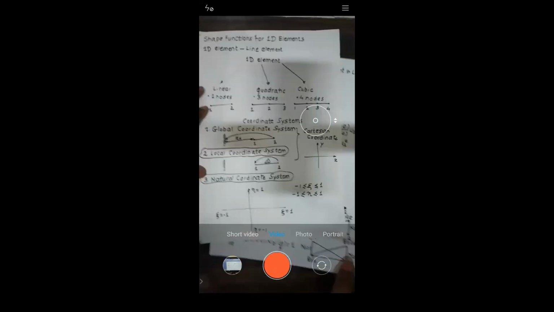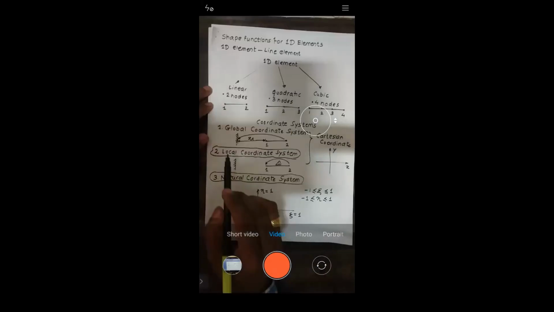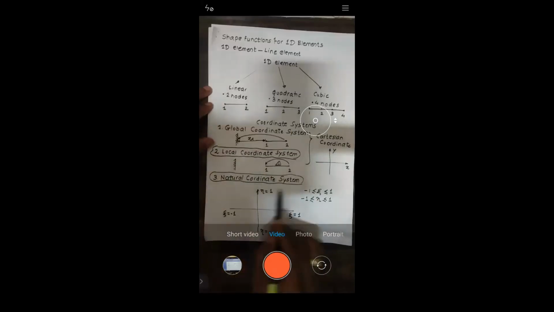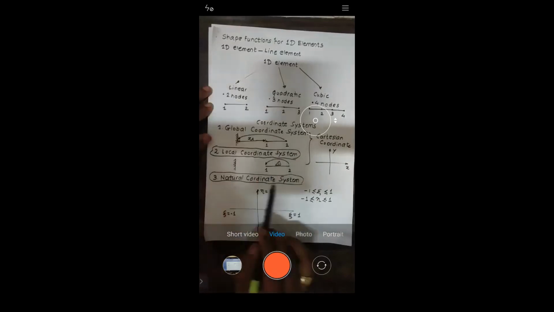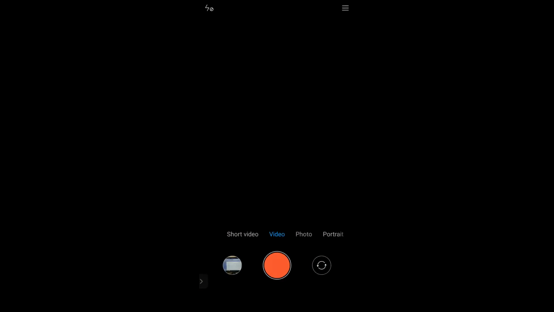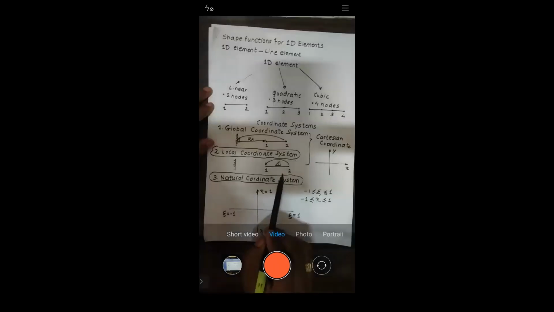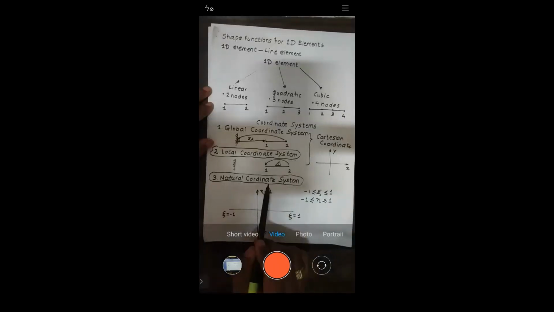Have you understood? For linear, we have seen the local as well as the natural. In local, we have seen 3 methods, and out of those, the last method we have adapted for natural coordinate. Again in natural we have not solved it by those three methods.